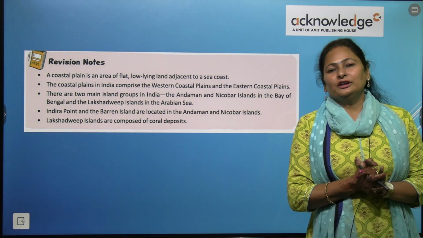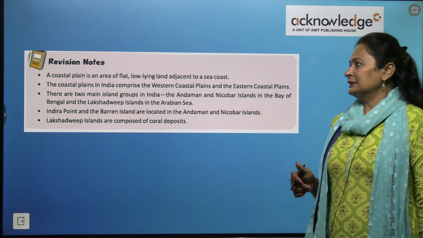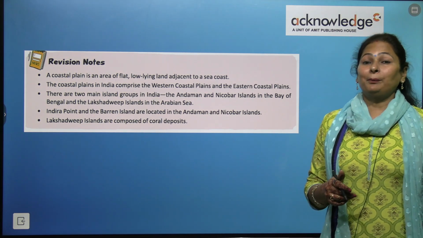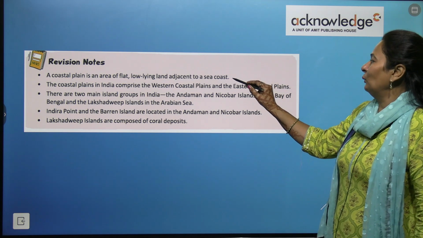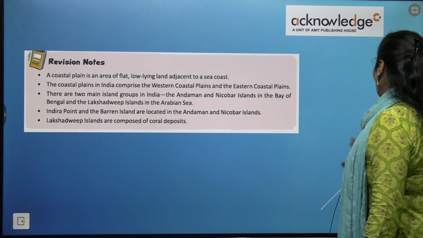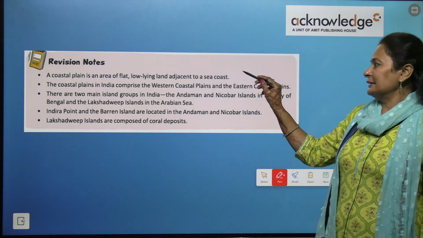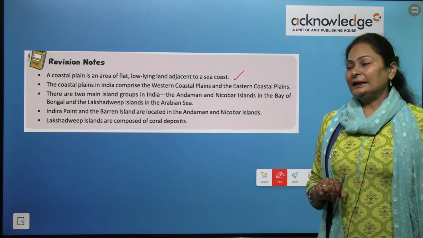So that's it for the islands and coastal plains. Let's revise what we have learned in this chapter. A coastal plain is a flat or low-lying land adjacent to the sea coast. It is lowland and it is adjacent to the sea coast.